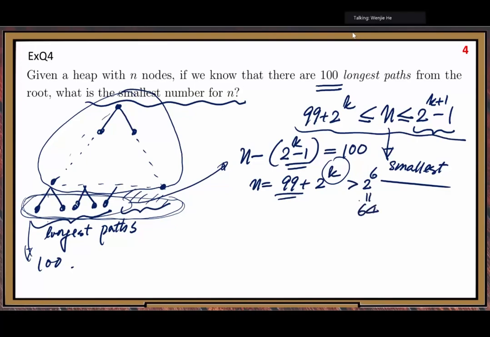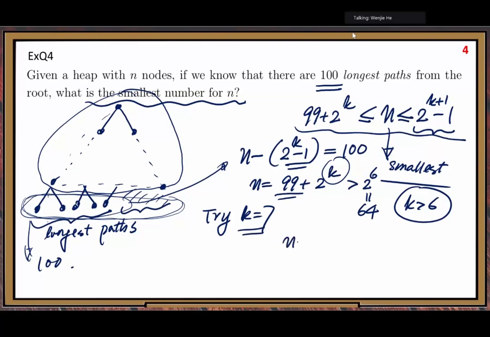So n is greater than 64. That means k should be greater than 6, right? If k is greater than 6, let us try the smallest possible number for k. The smallest k greater than 6 is 7. So let's try k equals 7.